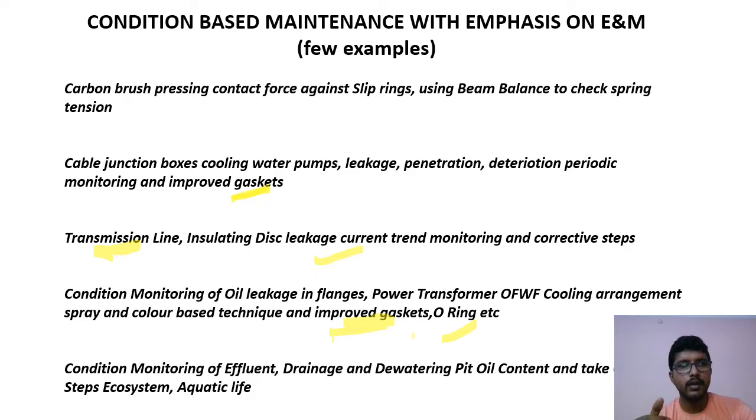So if you have some spray available which can show the lines of leakage, and if you can count the number of lines, if the number of lines goes on increasing with time, maybe we can predict that the leakage is increasing with time. So it may be an indication of increased gas development inside the transformer. Increased moisture also possible. So you may take corrective steps. These are the small things which matter a lot.